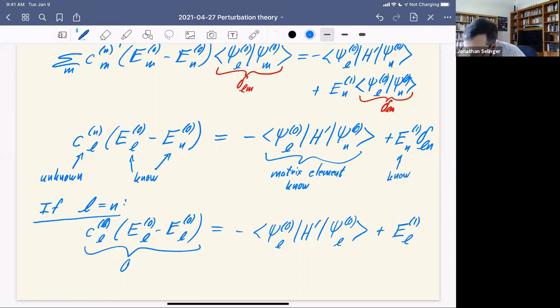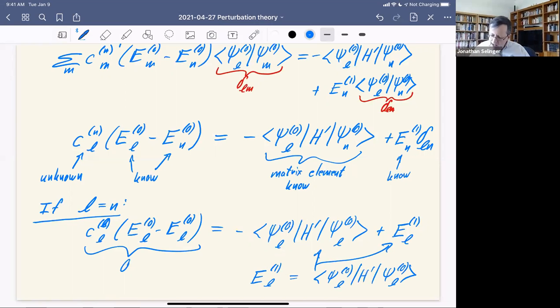These things are equal because E1L equals psi 0L H prime psi 0L. We already know that.